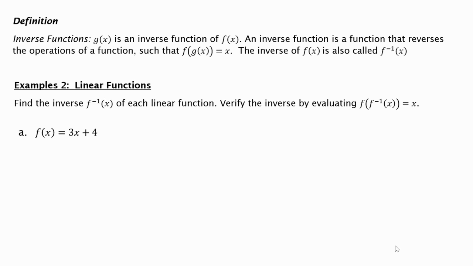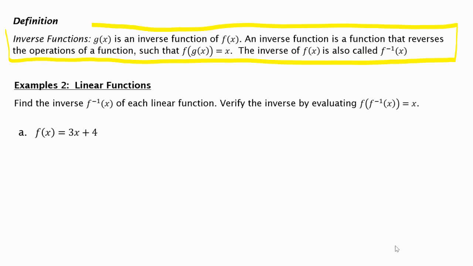All right, so the big definition we're going to see, and this is going to be the theme for the whole rest of the module, is talking about inverse functions. So when we look at this inverse function definition, what it's saying is that g of x is an inverse of f of x in our example we just saw. And so an inverse function is a function that reverses the operation of a function.